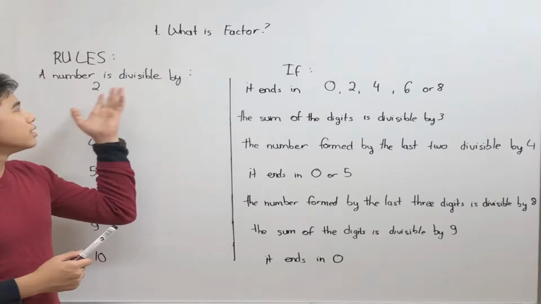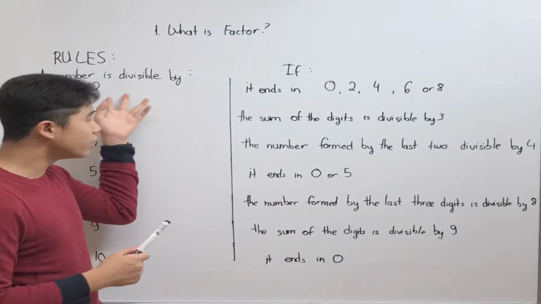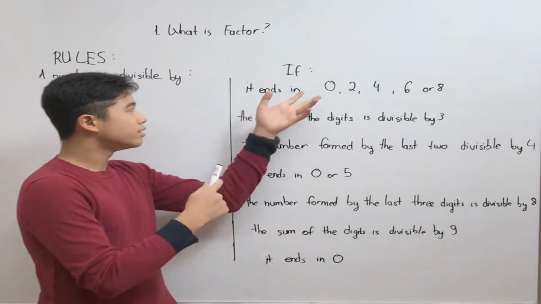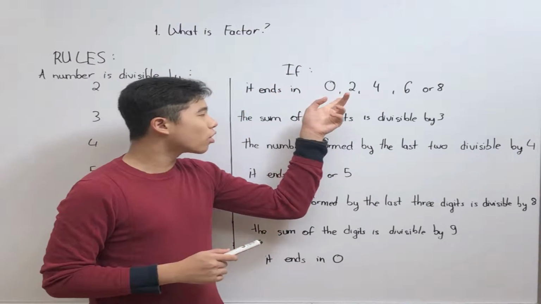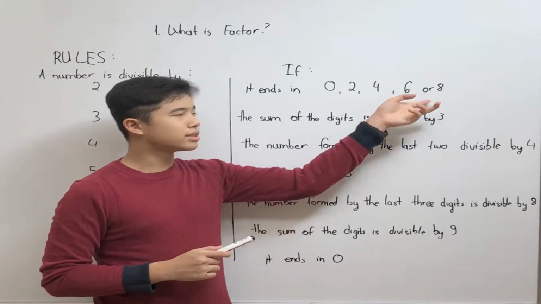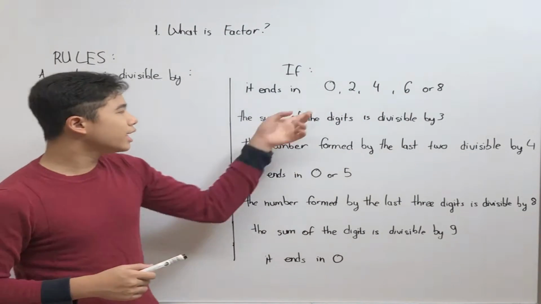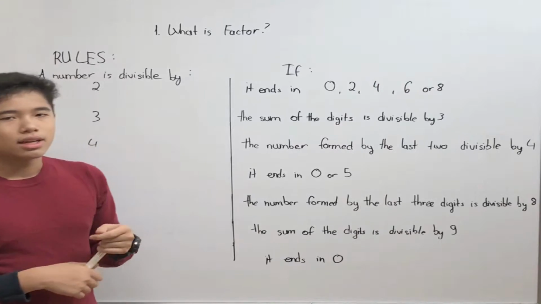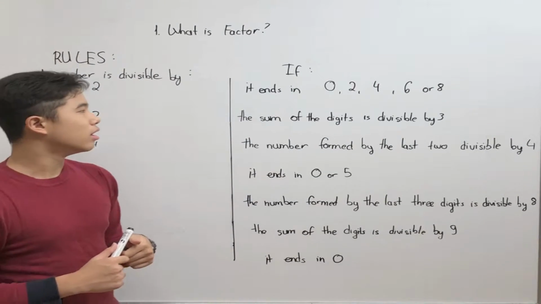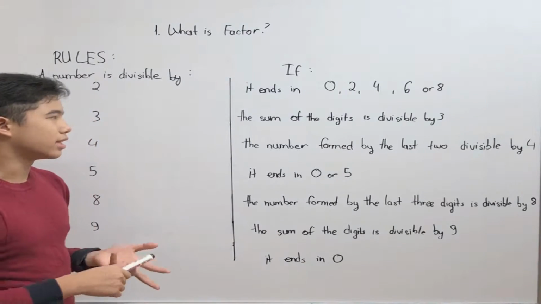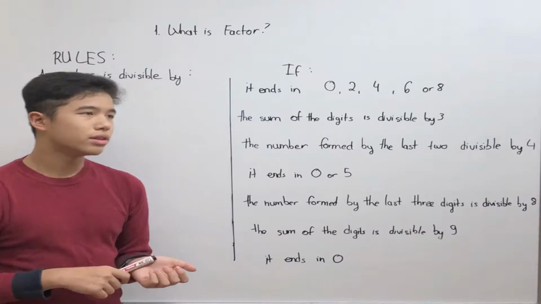A number is divisible by 2 if it ends in 0, 2, 4, 6, or 8. These are even numbers. Probably you might know that even numbers are 0, 2, 4, 6, 8, 10, 12.